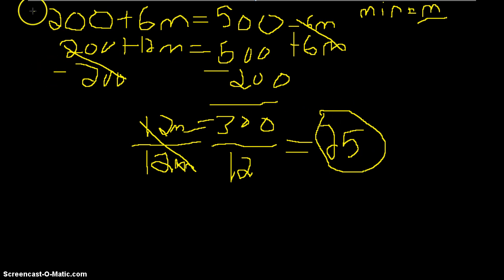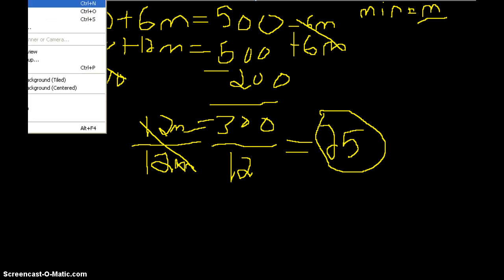And so how you can check this, I like to invert the colors. What we'll do is we'll take those two equations that we had, so 200 plus 6m, and then instead of writing m, we'll write 25.